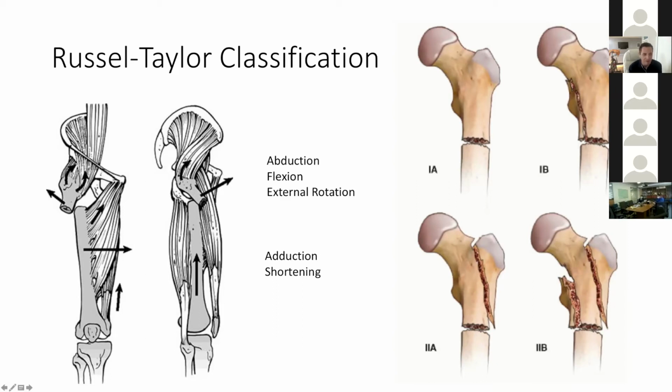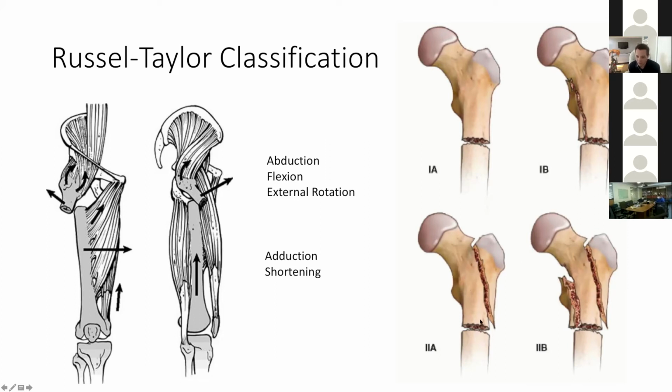So this classification, the Russell-Taylor classification, an old classification, really took notice of these deforming forces. And you can see it becomes increasingly easier to reduce the fracture as you go higher in the classification, because you have the type 1As, which have all of the deforming forces, the type 1Bs, which have the lesser troch off, which takes off the iliopsoas deforming force on the proximal fragment.